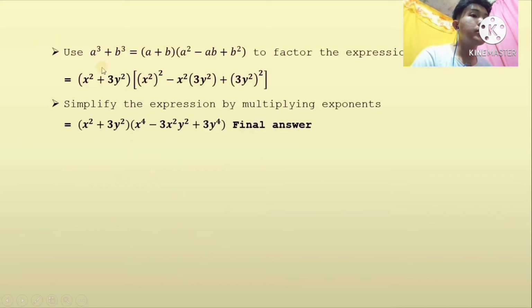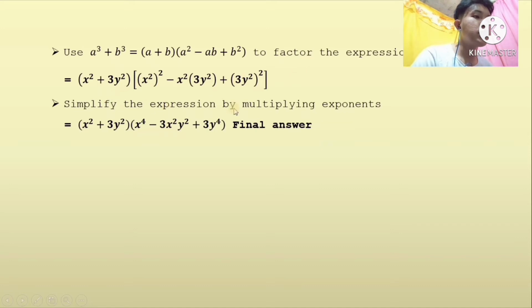Then use a cubed plus b cubed is equal to a plus b times a squared minus ab plus b squared to factor the expression. So our equation will be x squared plus 3y squared times x squared raised to 2 minus x squared times 3y squared plus 3y squared raised to 2.